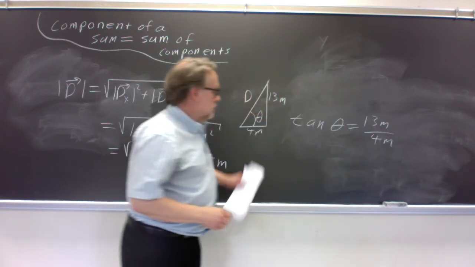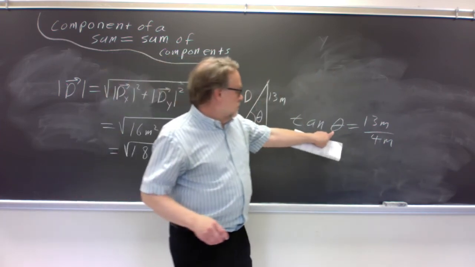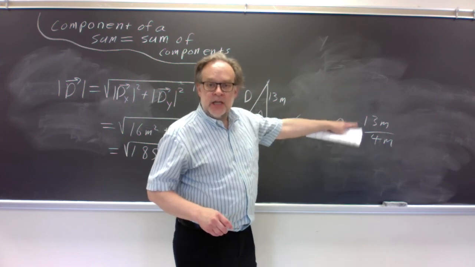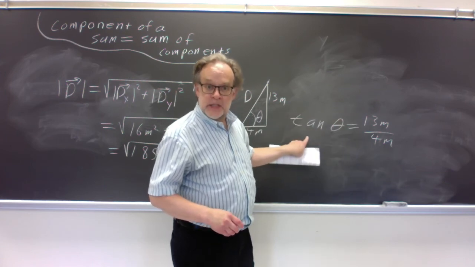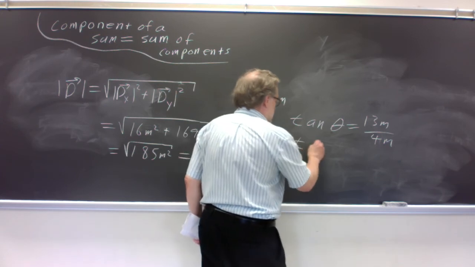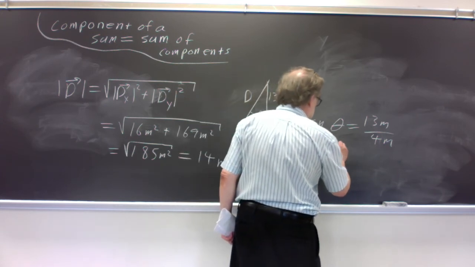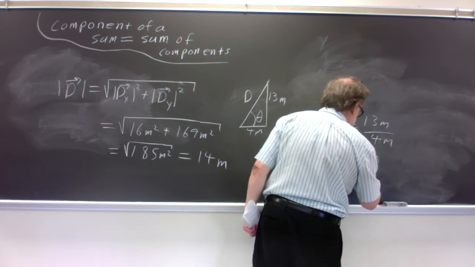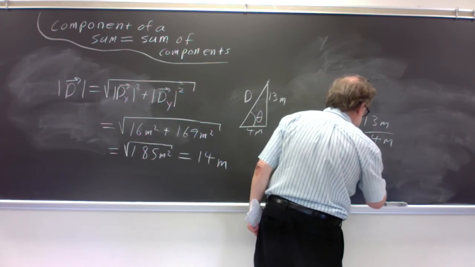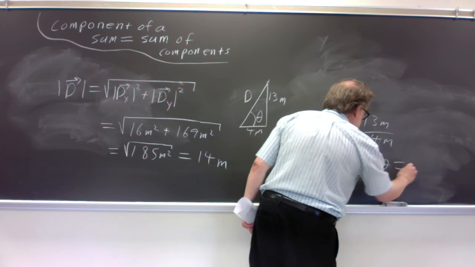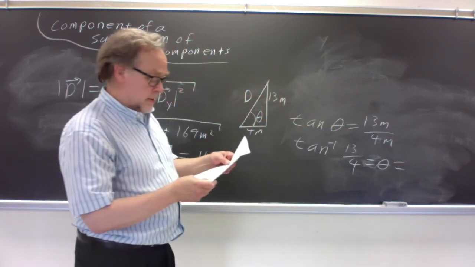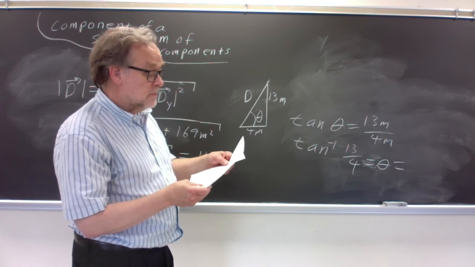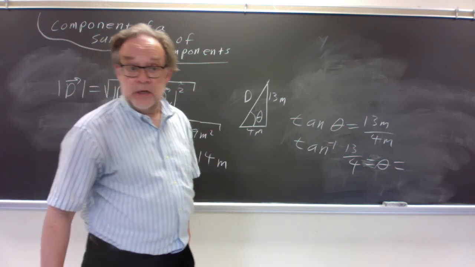So we're looking for this number, that is the number that has 13/4 for its tangent. In other words, the inverse tangent of 13/4 is the angle that we're looking for, and that comes out to, let's see, about 73 degrees.